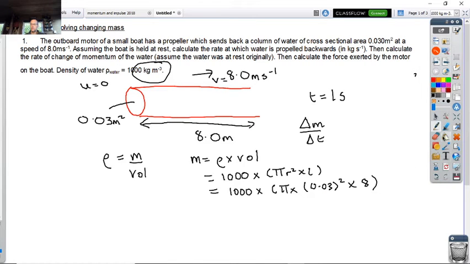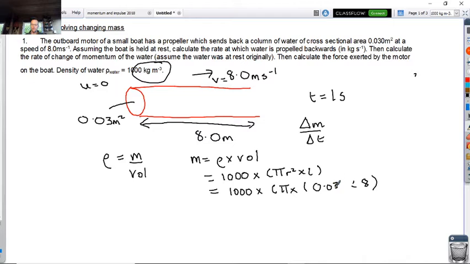Apologies, that's not the radius, that is the actual cross-sectional area, so that is 0.03 multiplied by 8. Therefore, if we put that into your calculator, you get 240 kilograms.